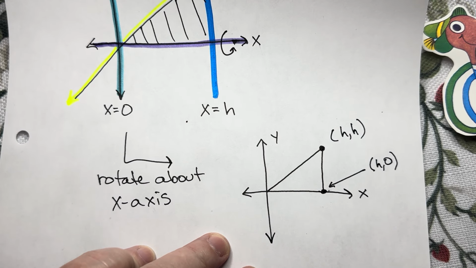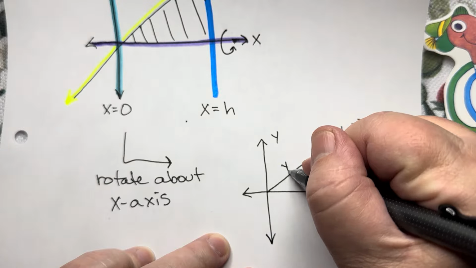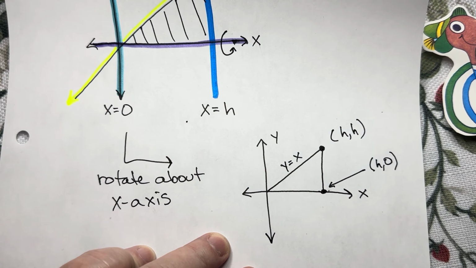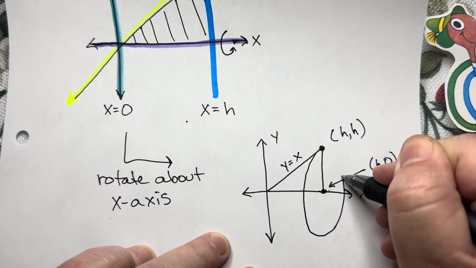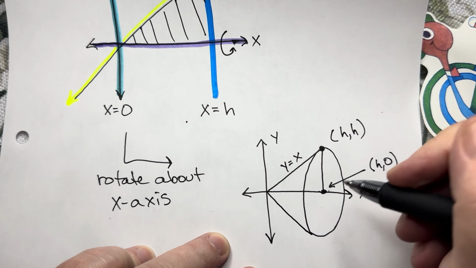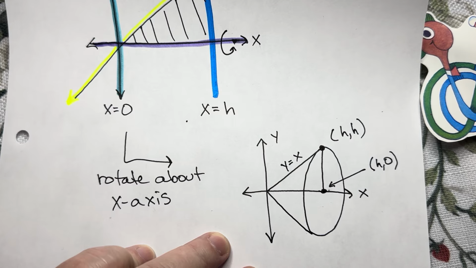It's a fair question. The answer is because this is the line y equals x. So whatever x is, y is. So they match. Okay, and I'm going to rotate this around, and I'm going to claim, I'm so sorry, Mr. Jang, it's not terrible. I'm going to claim this is going to look like this, so we're going to end up with a cone. So that's pretty cool.